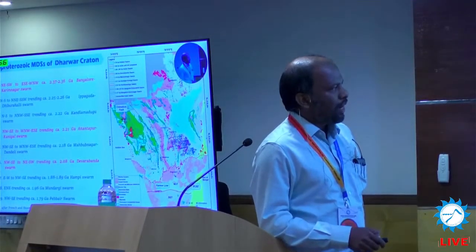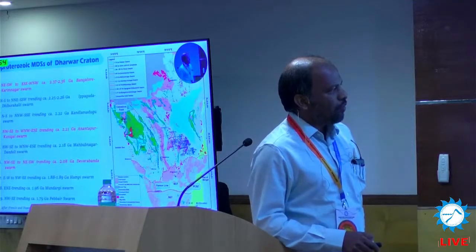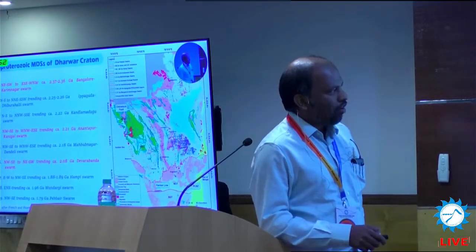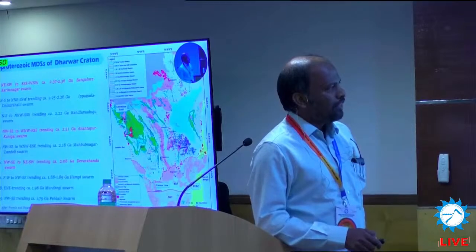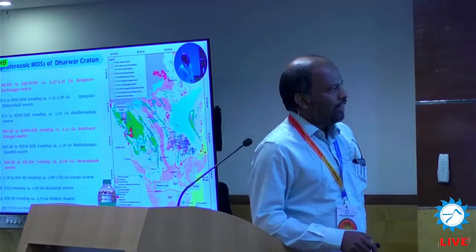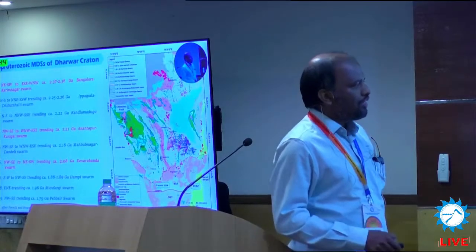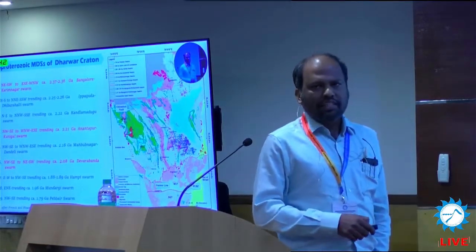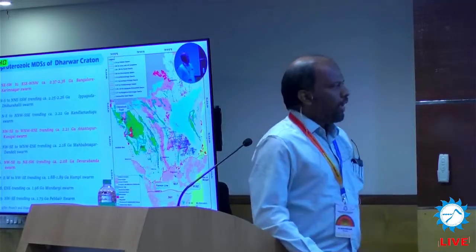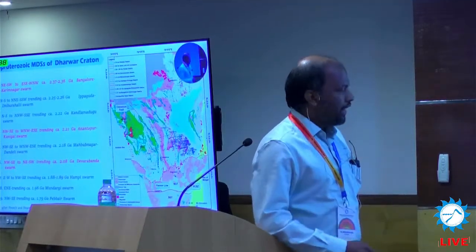In the northern part, they are northwest trending. This red color you can see, these are well dated. All these subswarms are well dated. These are northwest trending. And here, these are the 2.08 swarm. These are northeast trending. So these three swarms suggest a classical textbook example of the radiating pattern.